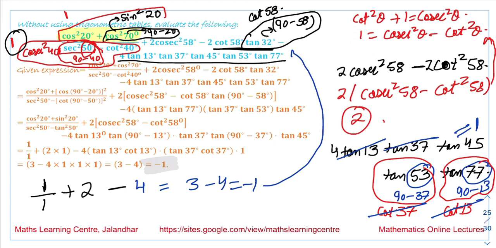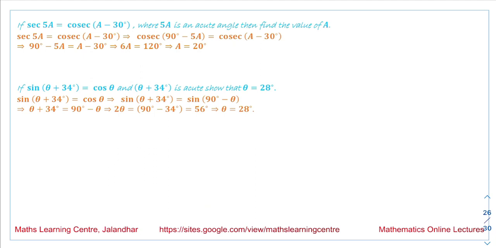Next we have, if secant of 5a is equal to cosecant of a minus 30, we have to find this angle 5a, and hence we have to find the value of a. So we are saying secant of theta is equal to cosecant of 90 minus theta.